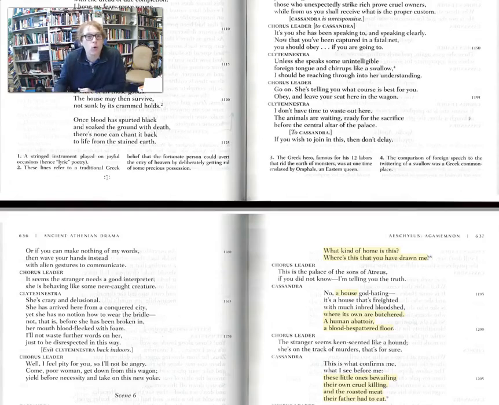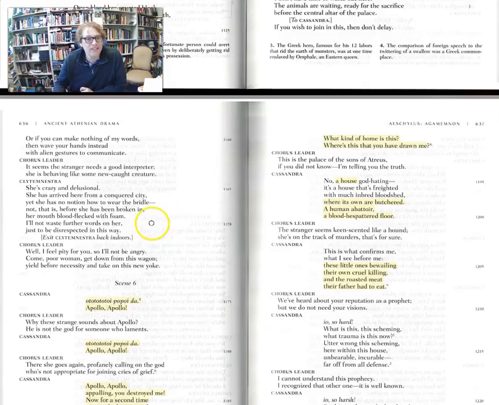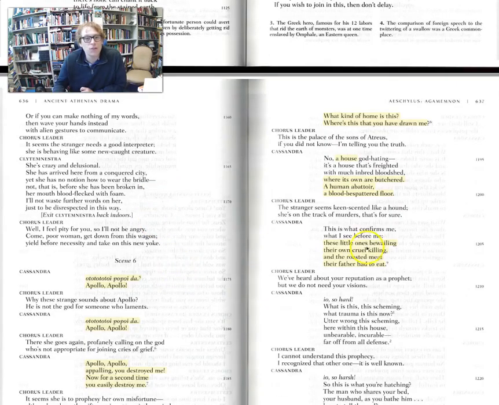And that turns out to be a horrible curse, because she can look backwards and she can see all the horrible things that have happened in the past, and she can see forward and she sees what's about to happen inside that house. And you have to remember on stage too, there's a little building, the Skene building it's called, that they've walked into, and there's this purple carpet. The visual effect would be like blood, I think, flowing out of this house. So she sees that not just figuratively, but literally.